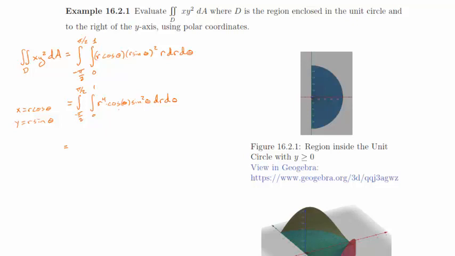Since this is a product here, we can break this up into two completely separate integrals. It's definitely allowed, and it's because the inner integral is with respect to r only, so cosine of theta sine squared of theta is really thought of as a constant as far as the inner integral is going. So that can really be pulled out.